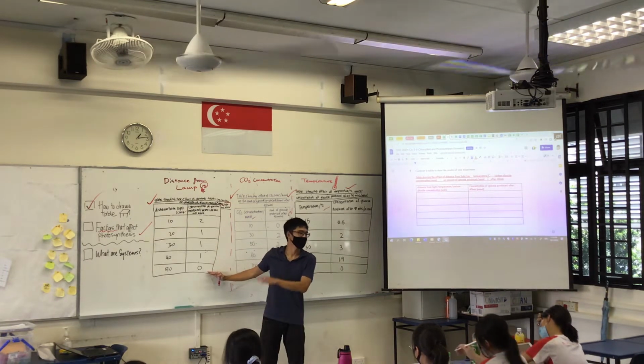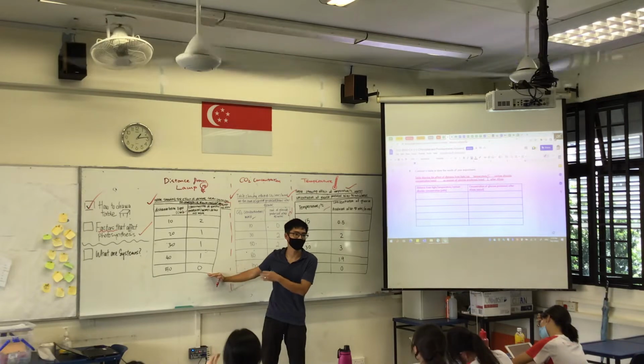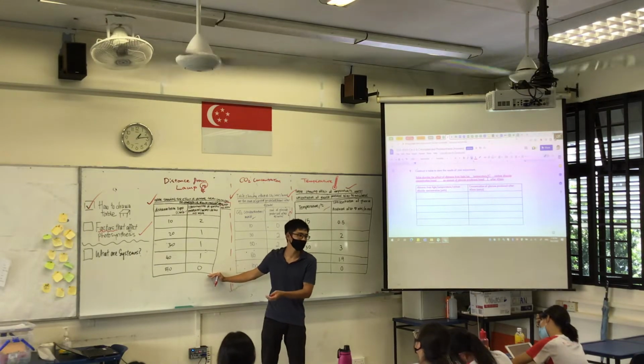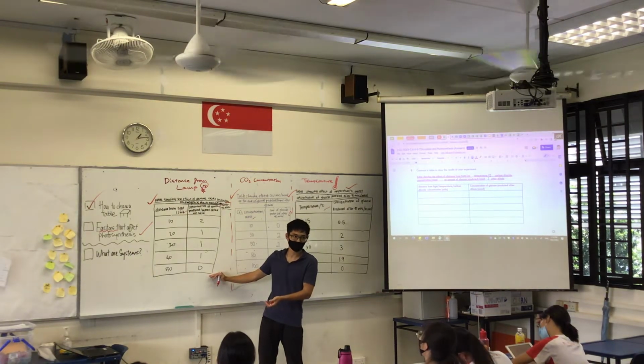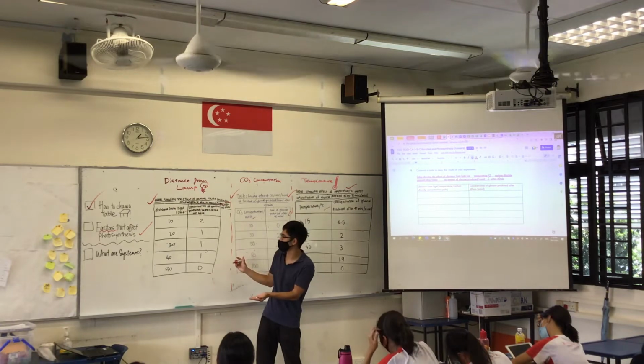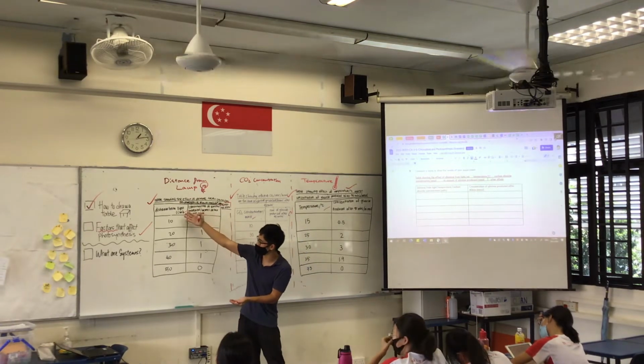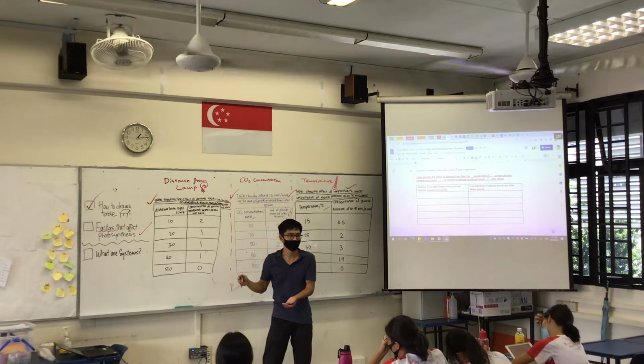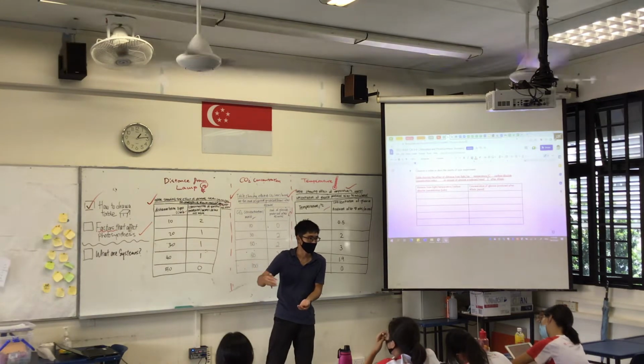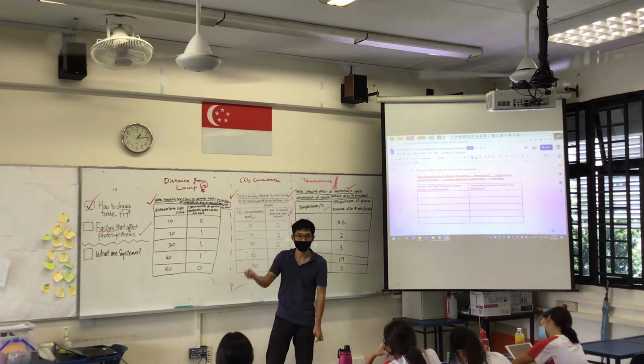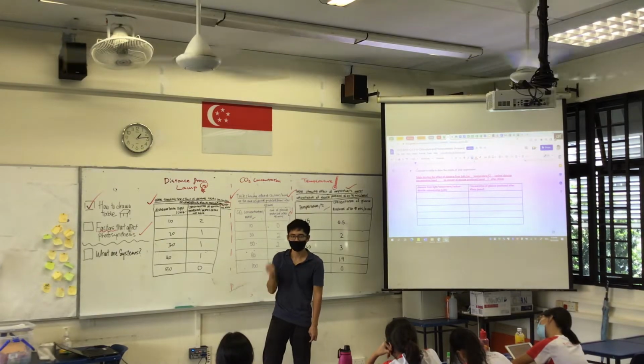Very far away, the rate of photosynthesis is at its lowest. No more glucose is produced. So the trend we see so far is that as the distance from the light increases, the rate of photosynthesis also decreases, based on the amount of glucose formed. Now the question is why?